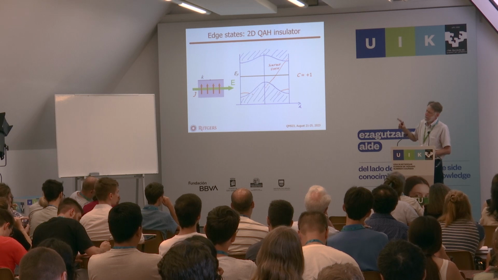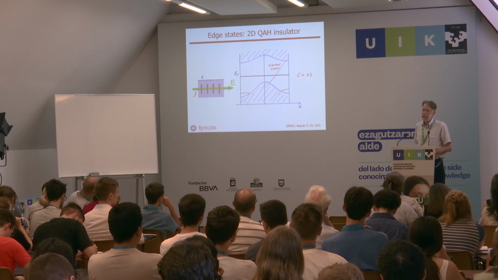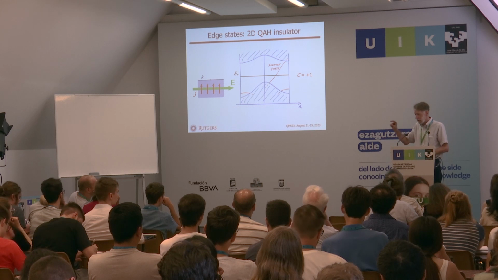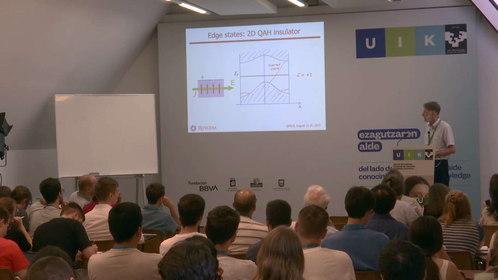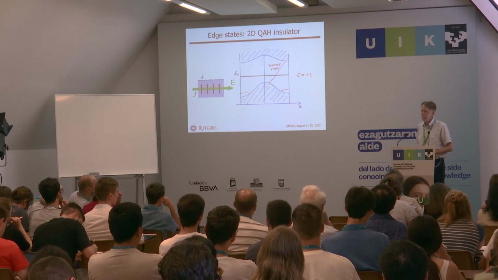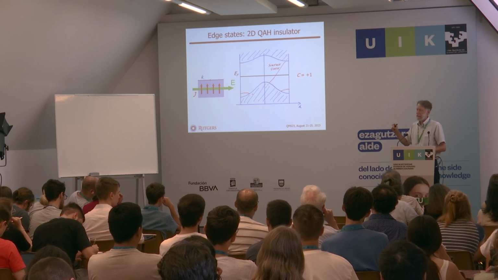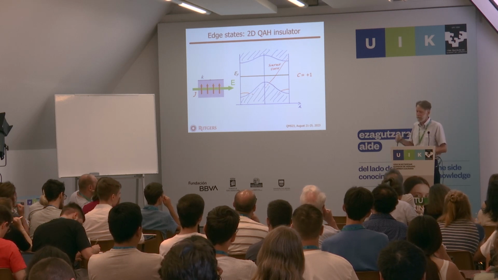So you want to be able to increase that gap as much as possible. You'd like to use heavy atoms in order to have strong spin-orbit coupling. And then it has to be robust, there has to be a gap across the entire Brillouin zone. The trouble is also that small gap systems tend to have a lot of residual conductivity, defects and so on.